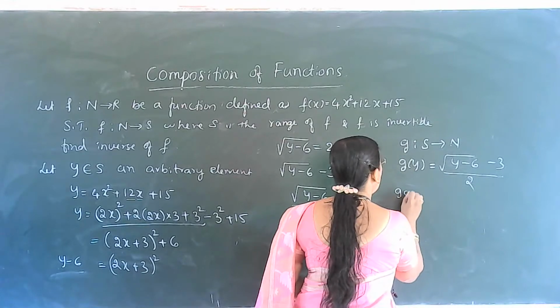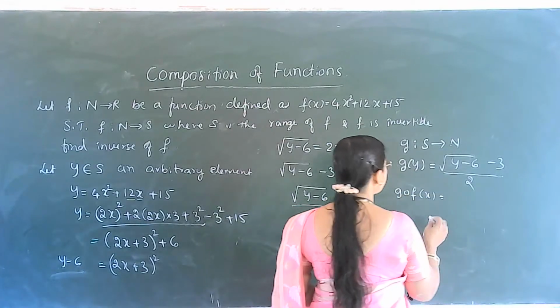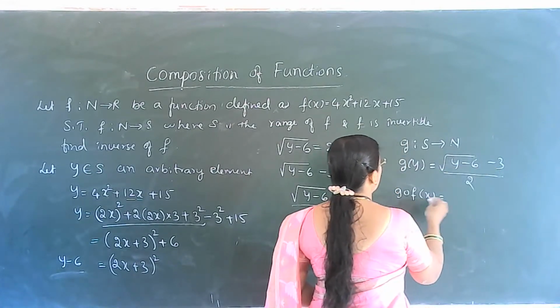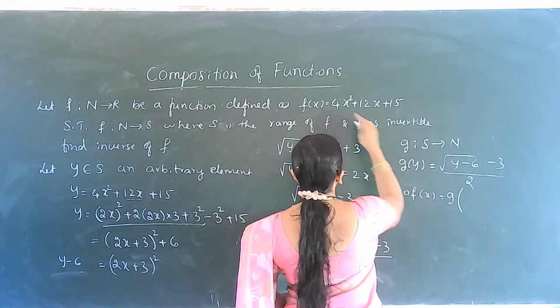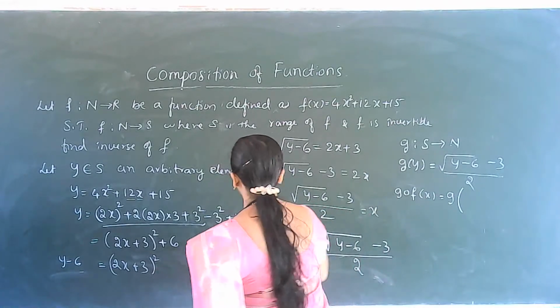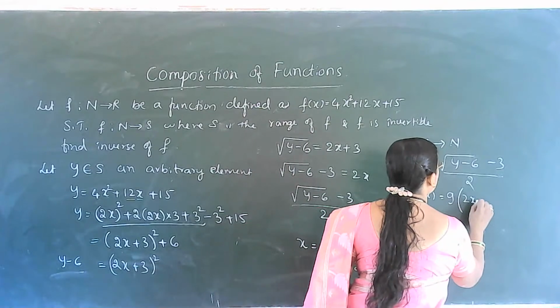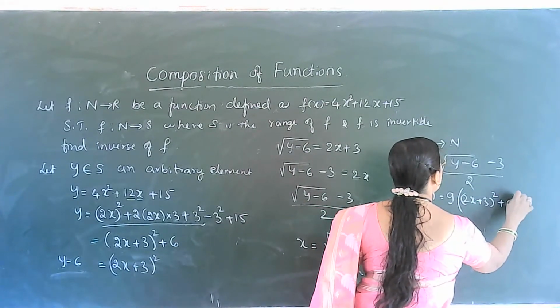Then find g composition f of x. We put this into the g function. f of x is 4x square plus 12x plus 3, but we write it as (2x plus 3) whole square plus 6.